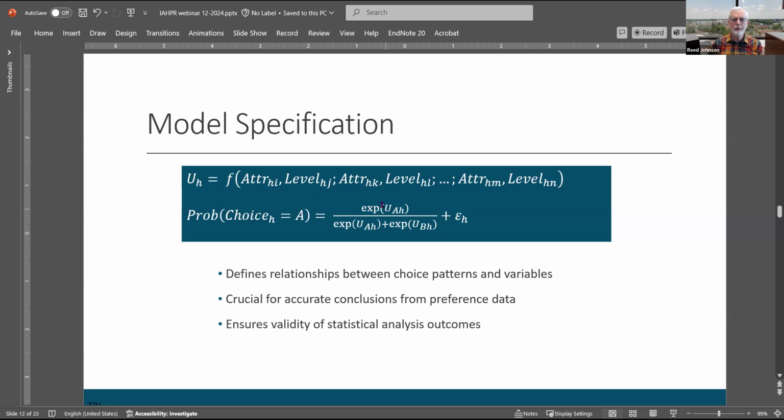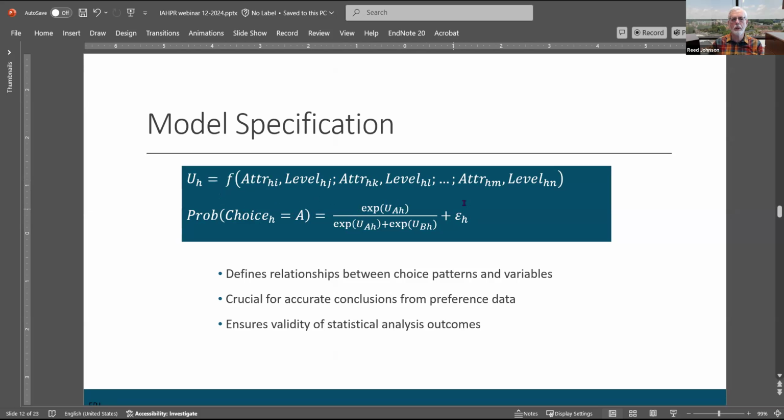I have a note to myself. There's supposed to be, well, the probability of choosing A is the exponentiated utility of A divided by the sum of the exponentiated utilities of both of the alternatives, plus some error term.